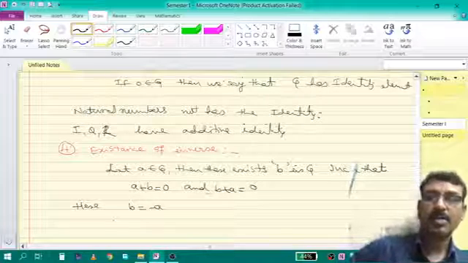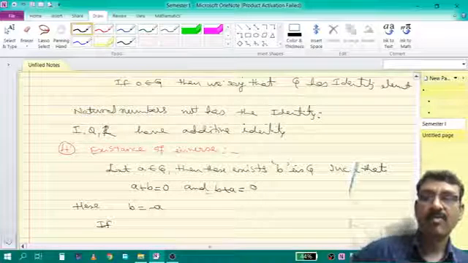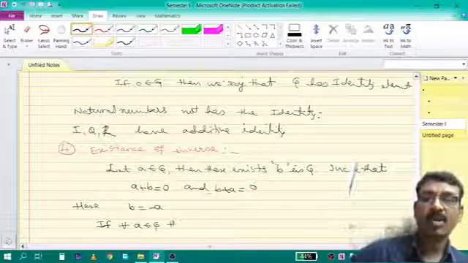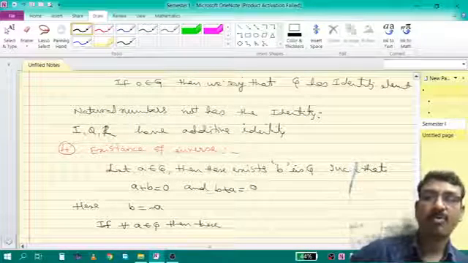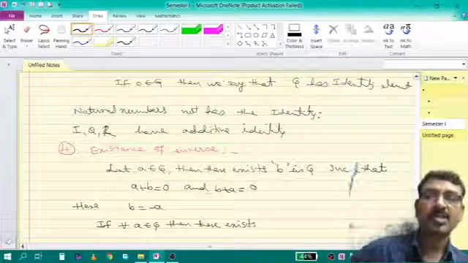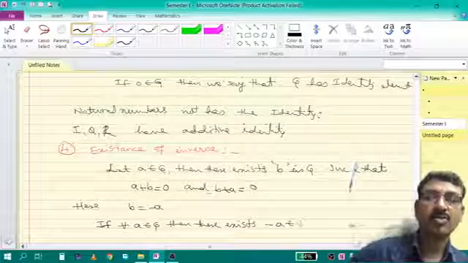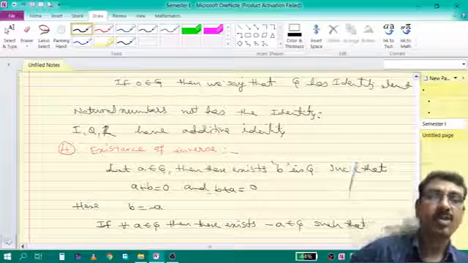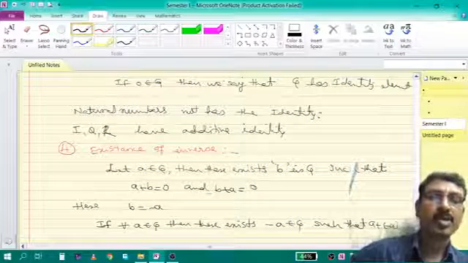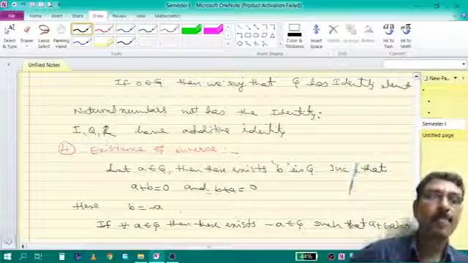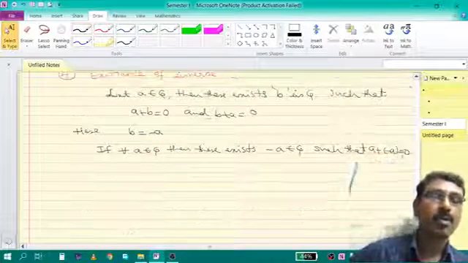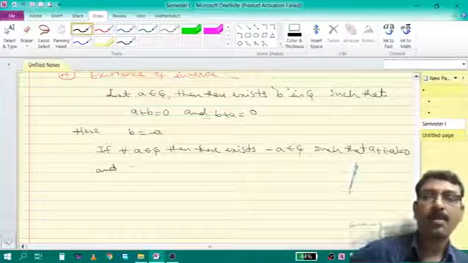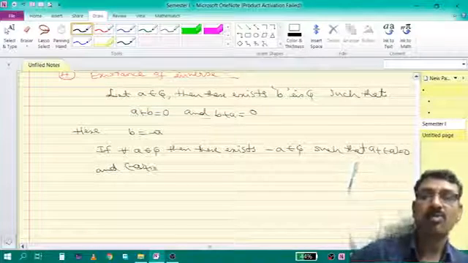So we can conclude that for every A belonging to Z, there exists minus A belonging to Z such that A plus minus A equal to 0, and minus A plus A equal to 0.